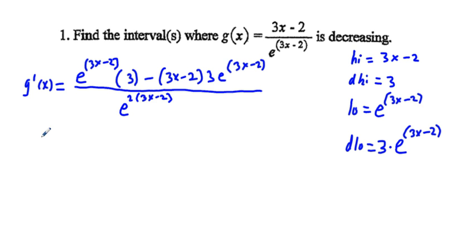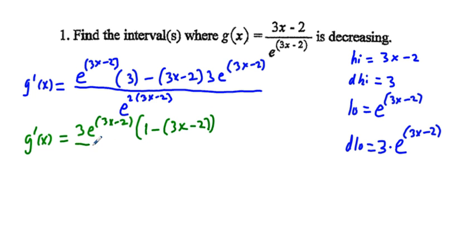So we can rewrite this as g prime of x equals 3 e to the 3x minus 2, that's our common factor, times what is left, 1 minus quantity 3x minus 2, and we have all this over e to the 2 times quantity 3x minus 2.